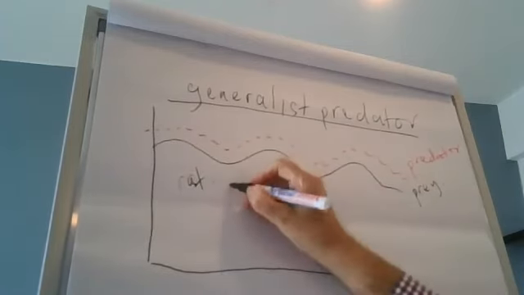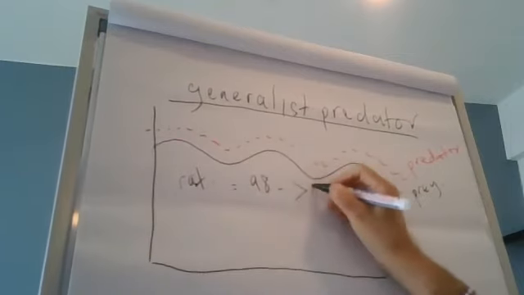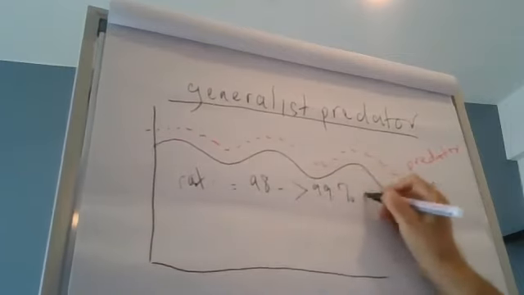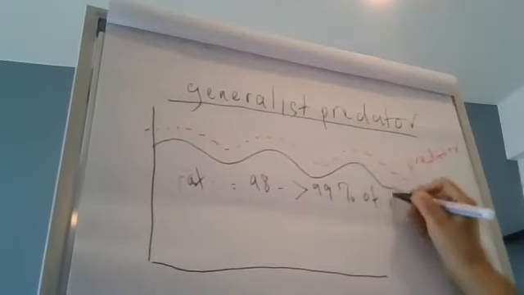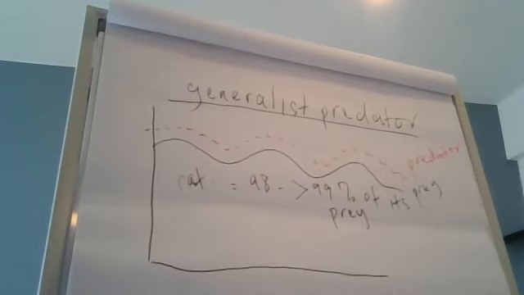And rats actually constitute anywhere from 98 to more than 99% of its prey. Okay, so it doesn't have to switch to the other prey.